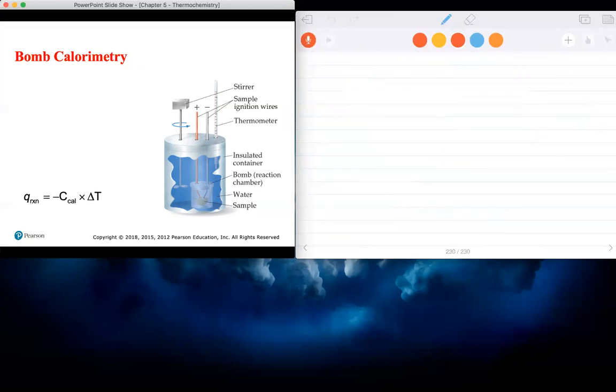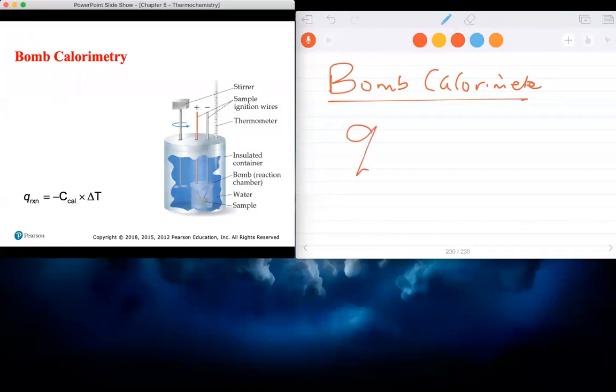In a bomb calorimeter, we use this: Q for the reaction is given by, because it's combustion, it's giving away heat, C cal times the change in temperature. I know you know this from the previous section, T final minus T initial.